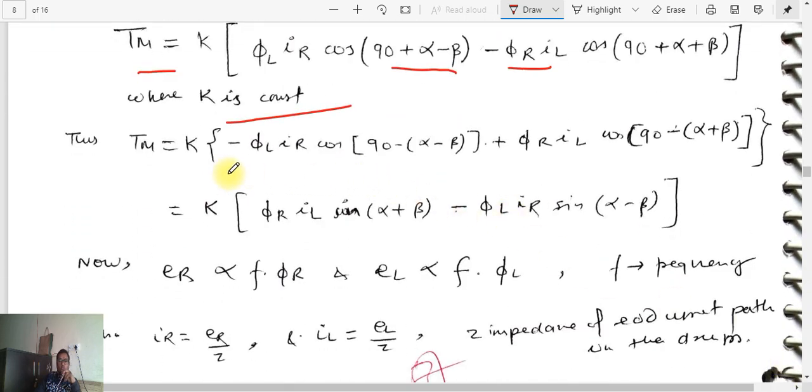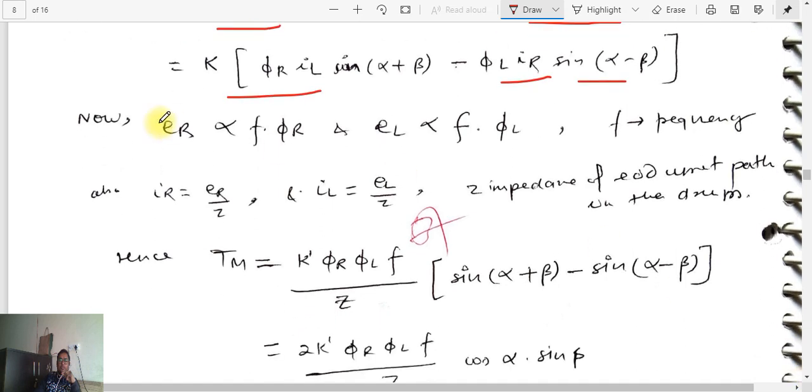Also, Tm is equal to K into minus phi L IR cos(90 minus alpha minus beta) plus phi R IL cos(90 minus alpha plus beta), which is equal to K phi R IL sin(alpha plus beta) minus phi L IR sin(alpha minus beta).